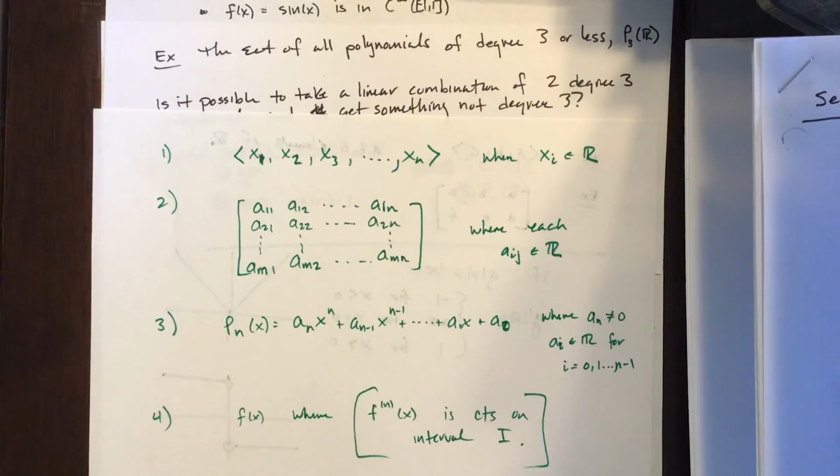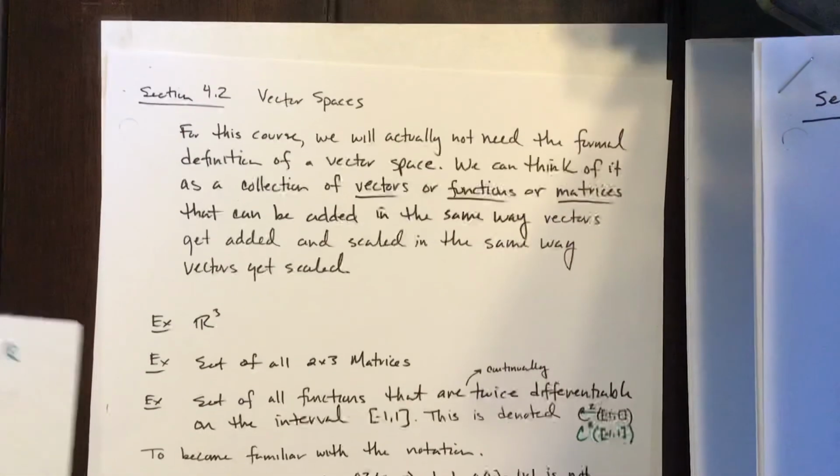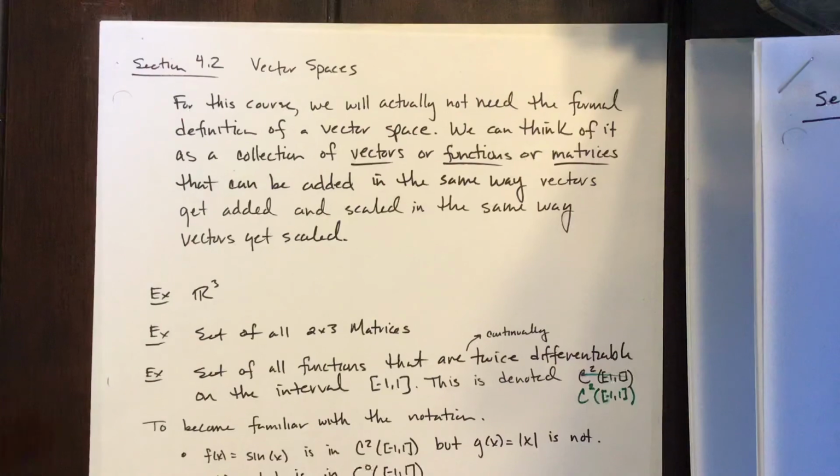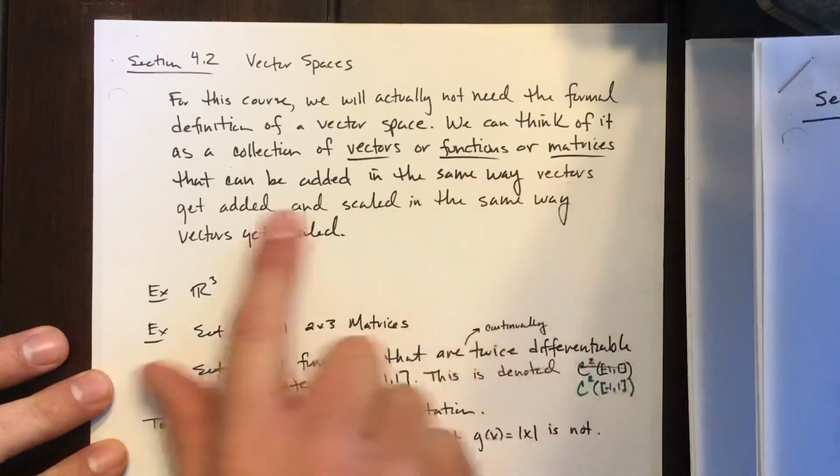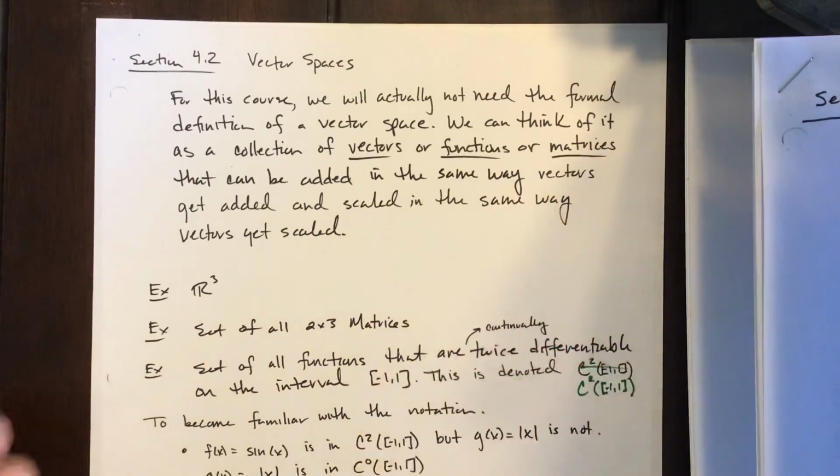All right, so these are all the vector spaces that we're going to be using. And again, a vector space, as I described at the beginning of these notes, is a collection of vectors, functions, or matrices that can be added and scaled in the same way vectors get added and scaled.